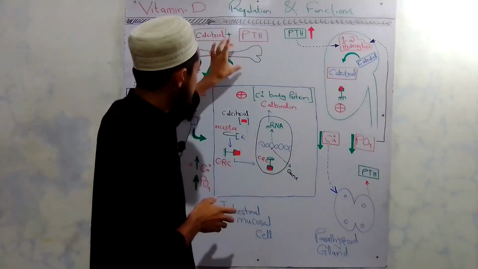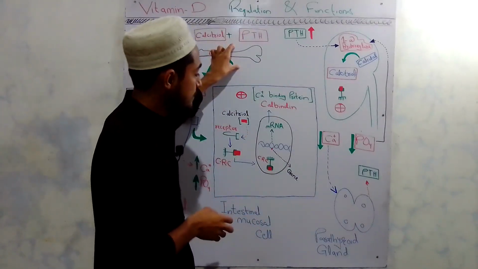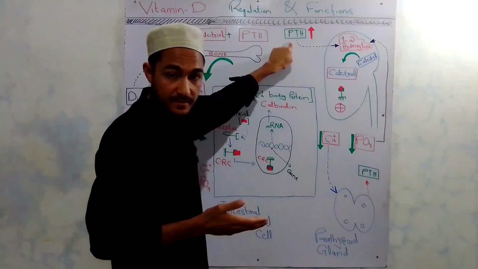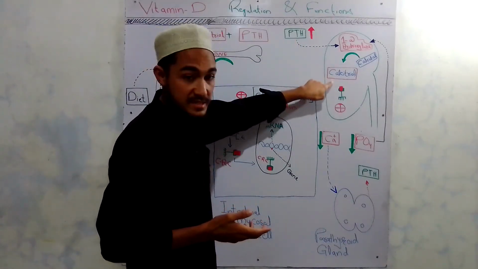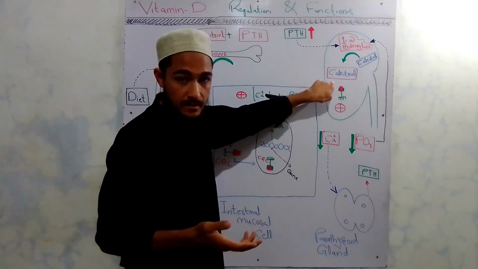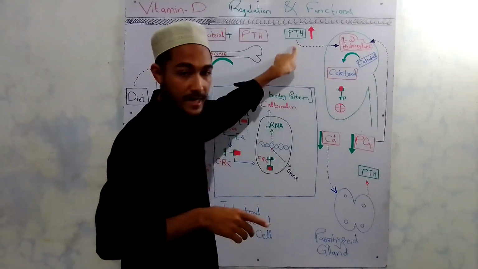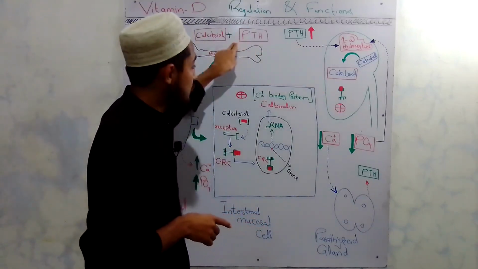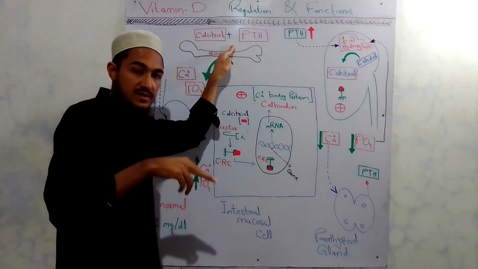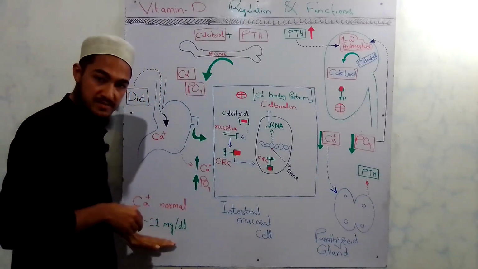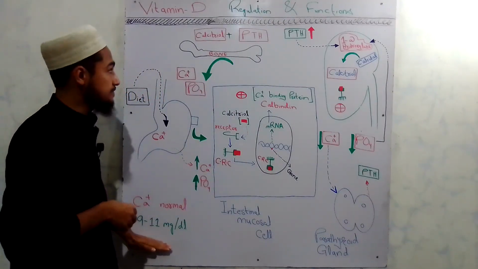And in the bones, what happens is that PTH, parathyroid hormone, along with calcitriol, the activated form of vitamin D, mobilizes calcium from the bone to maintain the normal calcium level in the blood plasma.